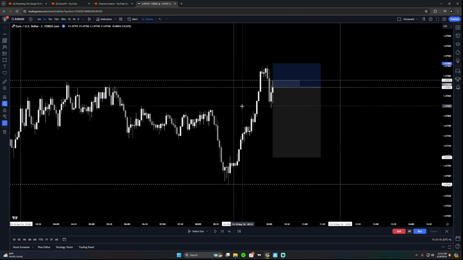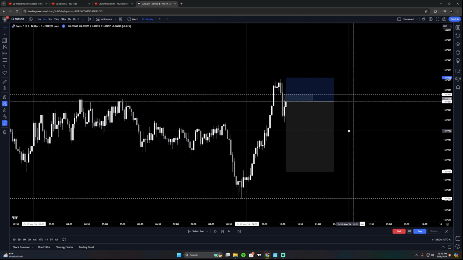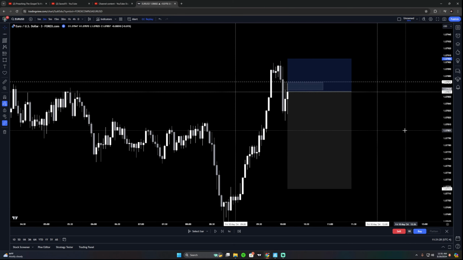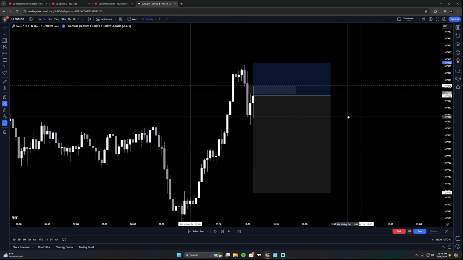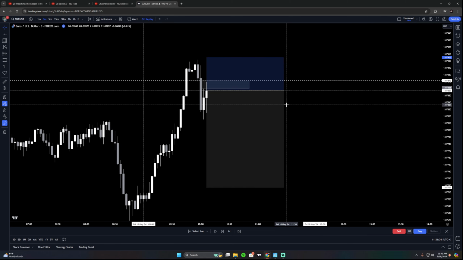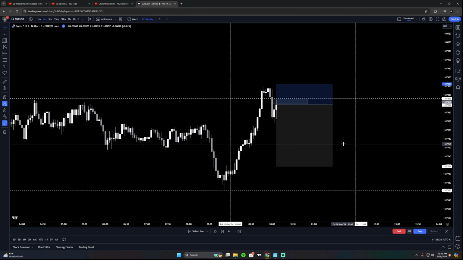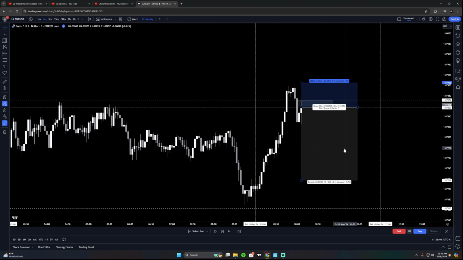But yes, that's how you place your stop loss and take profits. Next video is gonna be going over unicorn setups, what they are, and how reliable they are, as well as double fair value gaps. But before I hop into that, I just would like to say that they are all variations of fair value gaps, so you do not need to watch those videos, but they are good to know. It's an extra confluence.